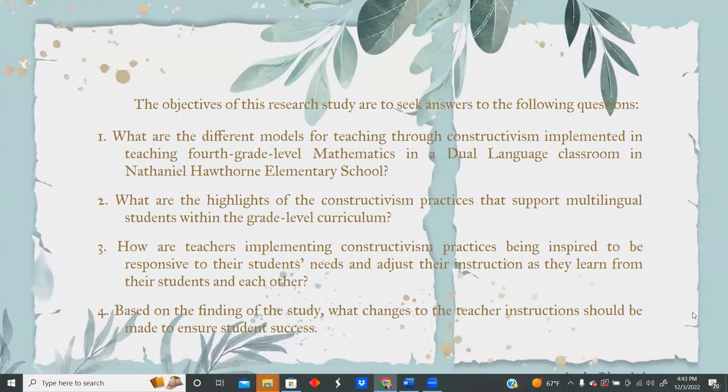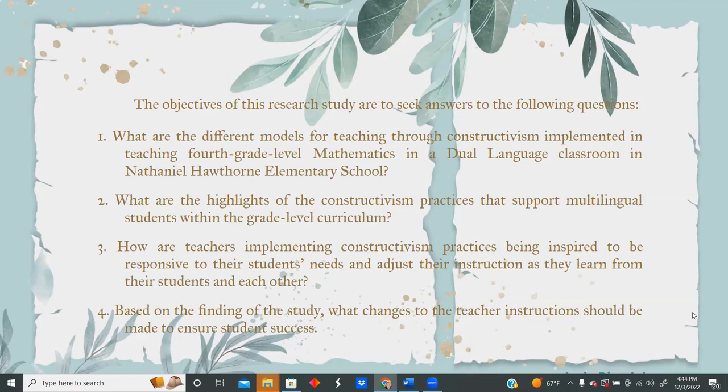Anyway, this is just a starting point of our proposal. You can think of the best output, but the title itself is really good, the constructivism approach. So for the output, we will think of the best. Maybe we can think of a teaching model, right?